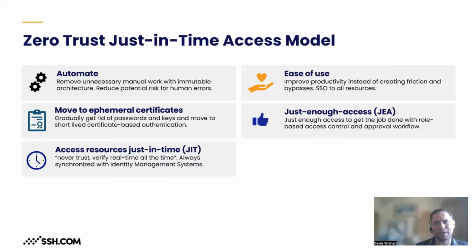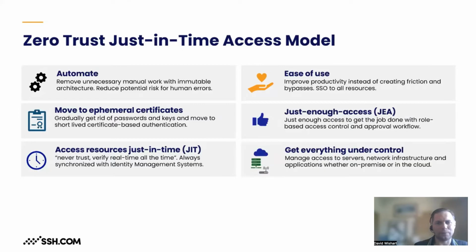Having just-in-time access means that every time you make a connection, you should be authenticated to your identity, and your identity should be mapped to a role, and that role defines what you're allowed to do. And just-in-time also ties into having workflow systems. So you can have an internal workflow system in PrivX that basically provides you access to the right role.